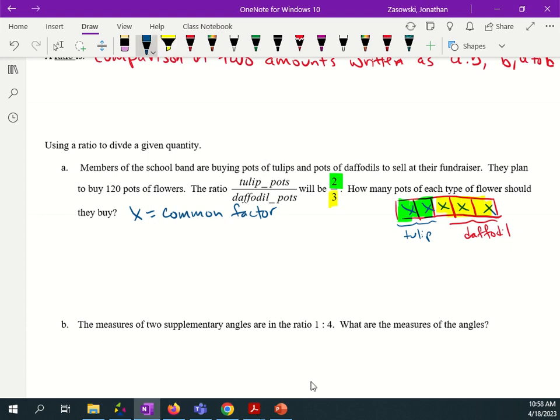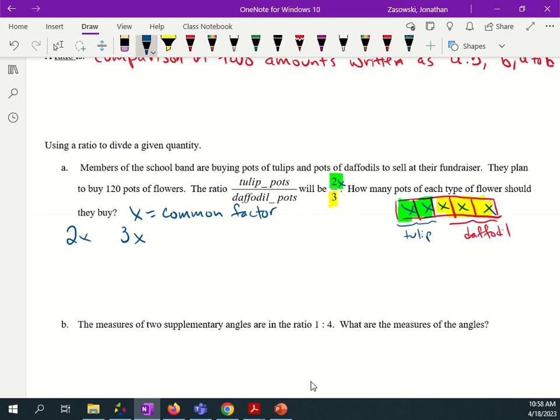So notice that in the first 2 boxes, we add this together. This equals 2x. If we just put an x on that, it's 2x. Okay? So we're going to say 2x is essentially just the number of tulip pots, right? And 3x represents the number of daffodil pots.